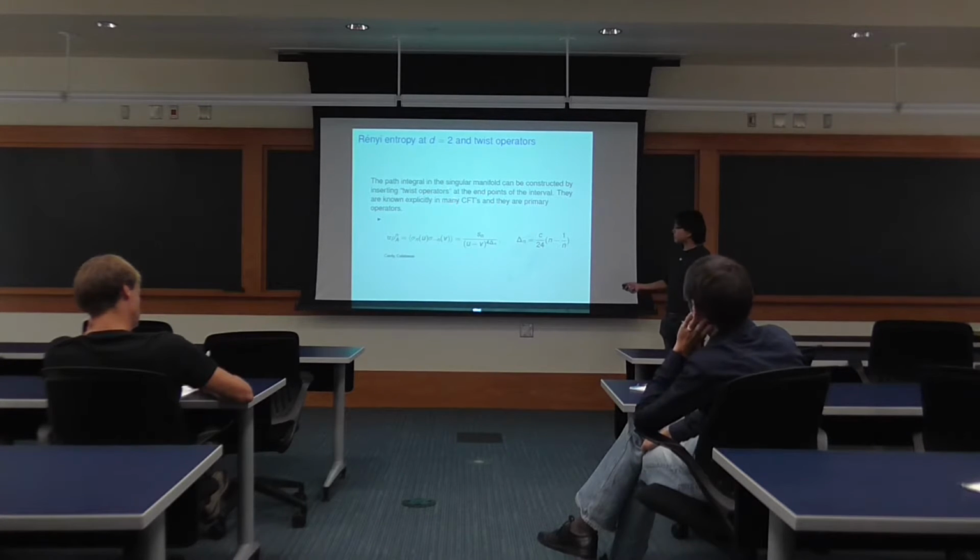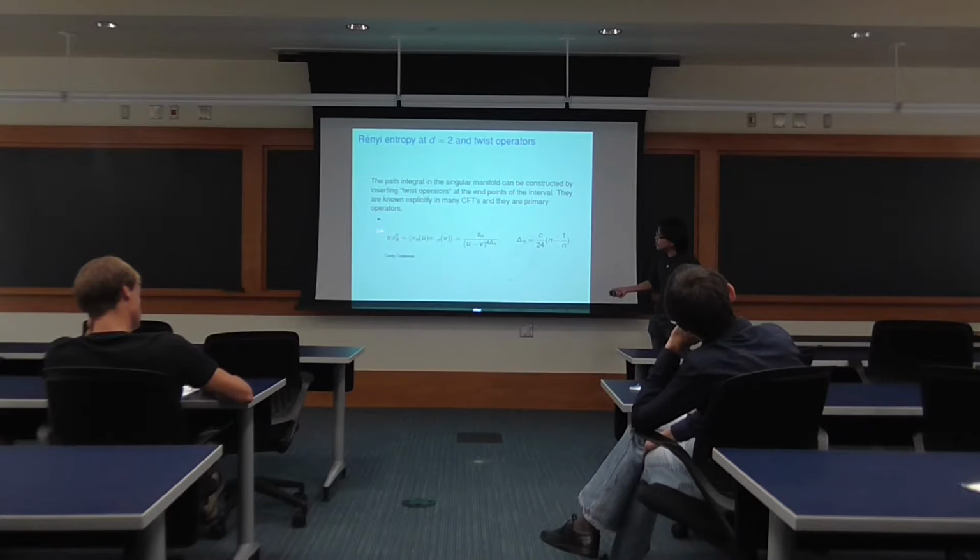You could actually deal with this by inserting so-called twist operators that generate these cuts in space-time. These twist operators are known explicitly in many conformal field theories, and they are primary operators. So the computation of the Rényi entropy basically boils down to computing the correlation functions of these twist operators, and the value of the Rényi entropy is completely controlled by the conformal dimensions of these twist operators.